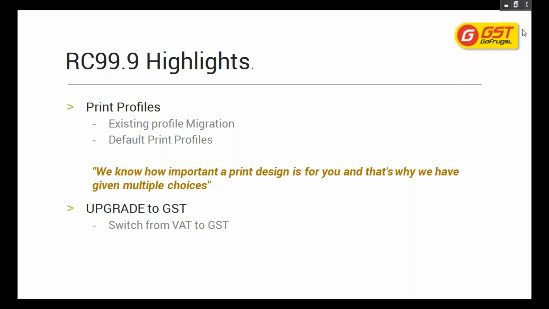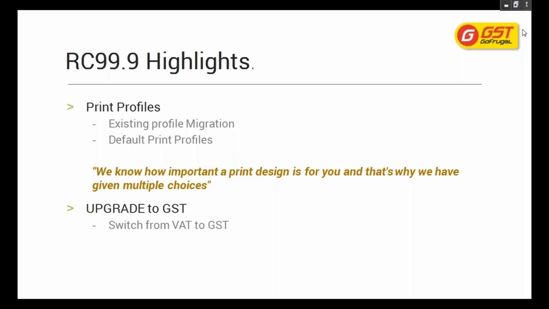But in this profile, we can't split up and show the GST as SGST and CGST. For a few businesses, it is mandatory that the SGST and CGST split up be shown in the sales bill.